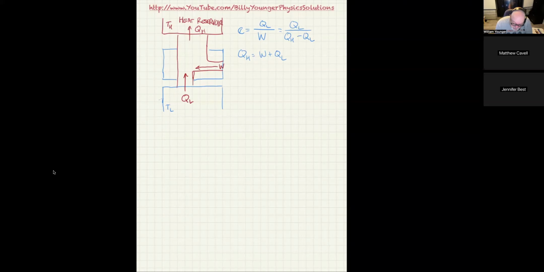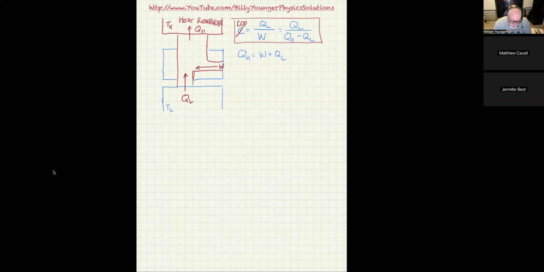And that should be the actual equation for the coefficient of performance, not the efficiency. I did say efficiency, and I even wrote efficiency, but I wanted to make sure you realize it is something different. It's called the coefficient of performance, and I made a cross through it and show you its COP.